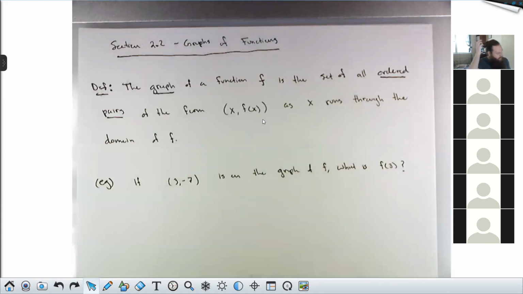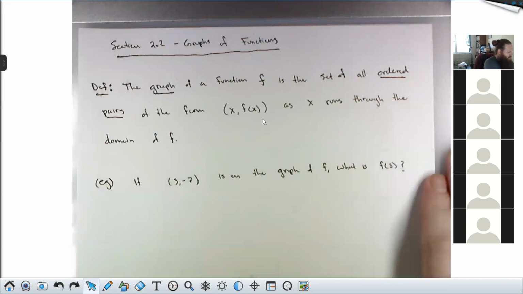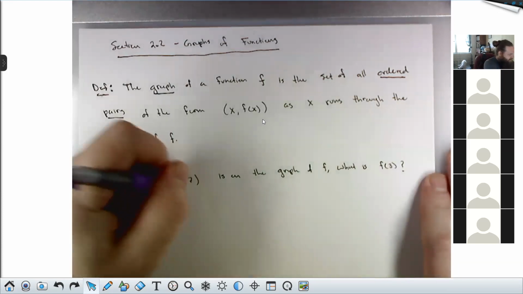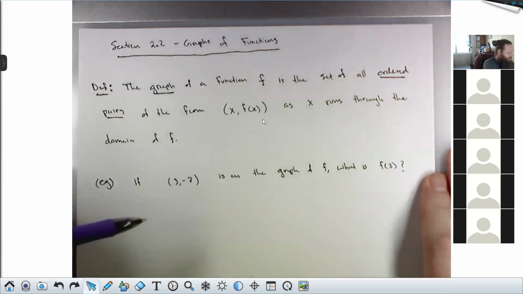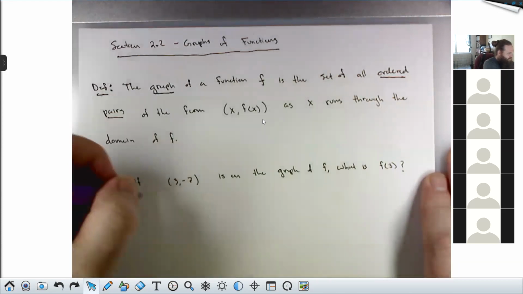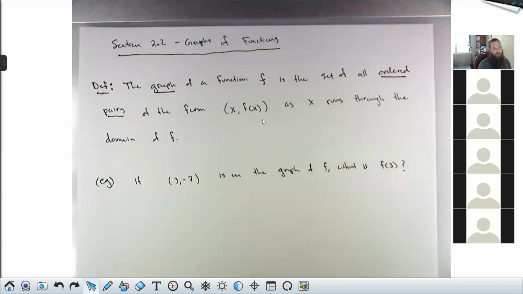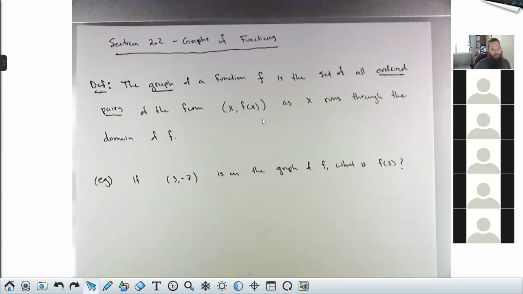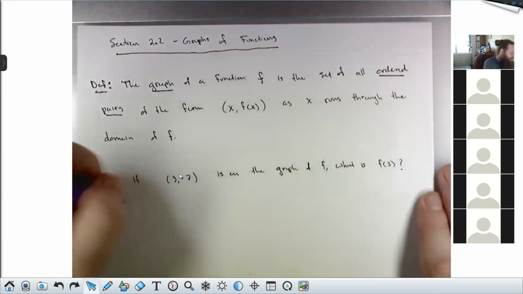Might seem like a silly question, but you'd be surprised. The only reason I'm doing this example is to remind you that this is always f of this. So who can tell me what this is? Don't think too hard. If 3 comma -7 is on the graph, then what is f of 3? -7. Yeah, -7.